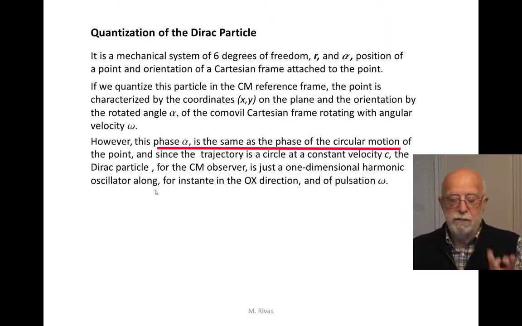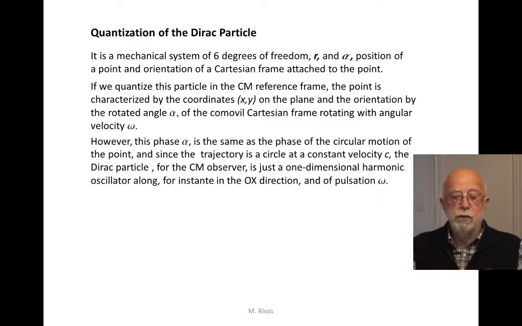So we only have just 2 variables, the x and y variables, but because the point is moving along a circle with a constant velocity, of these 2 Cartesian variables, only one is relevant. The other is completely determined if we know the trajectory of the point.